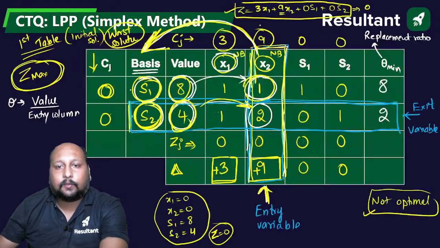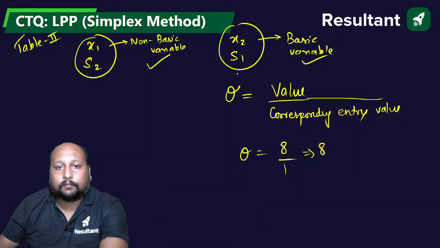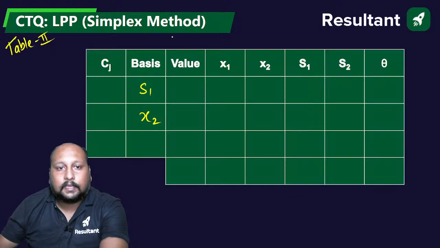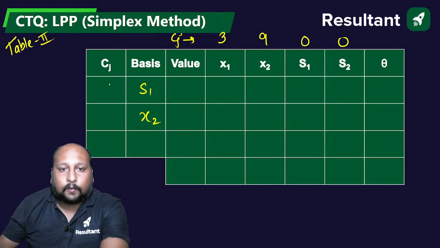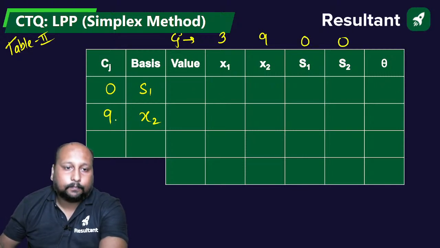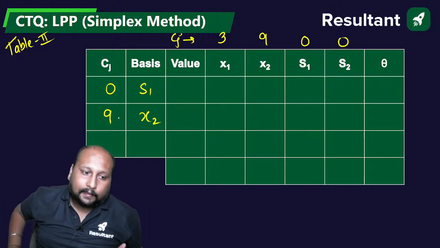What are cj values? We are having 3, 9, 0, 0. s1 का 0 है, x2 का it is 9. चलो यहां तक all clear.